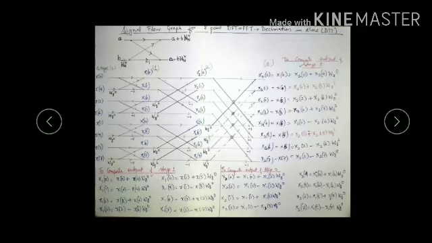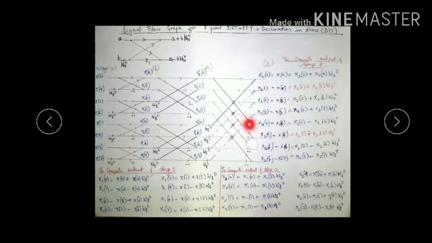And now coming to stage 3, join the first line to the fifth line, second line to the sixth line, third line to the seventh line, fourth line to the eighth line.